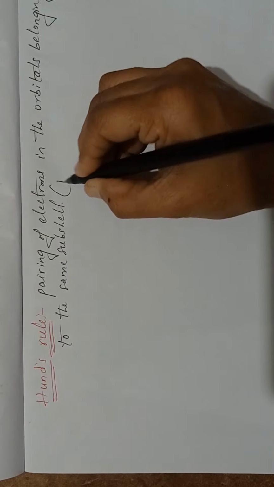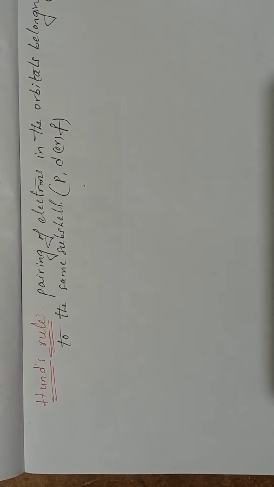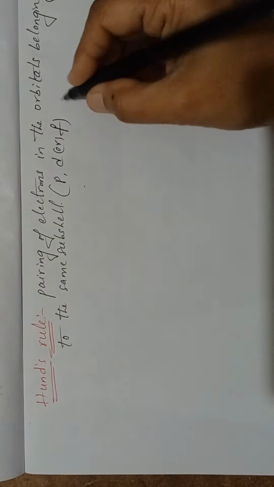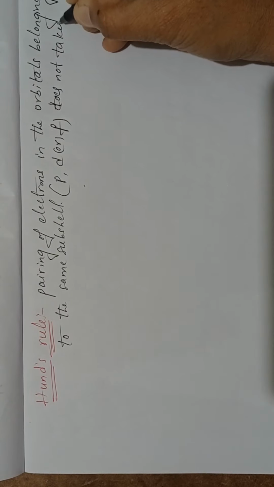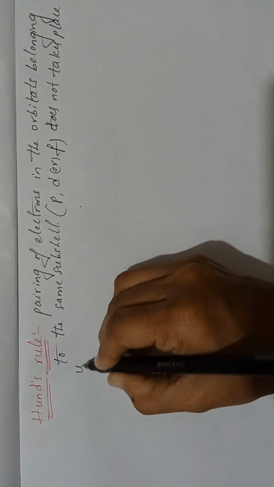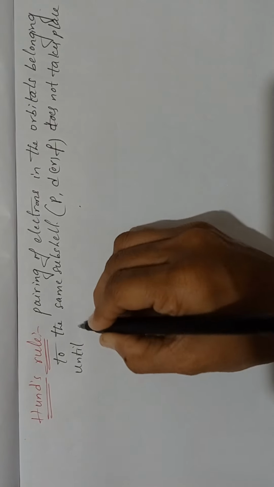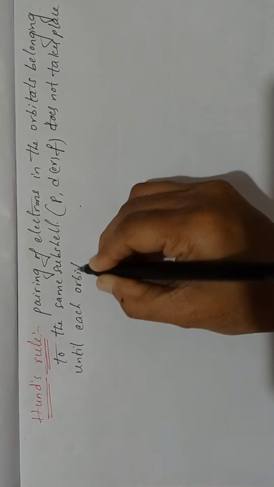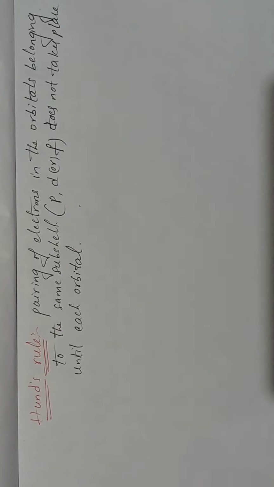Here we are taking subshells p, d and f; we can take p, d or f subshells. Pairing of electrons does not take place until each orbital has got one electron, students.